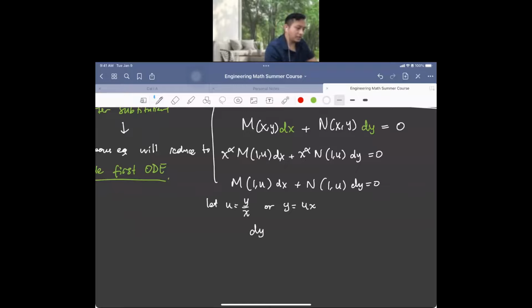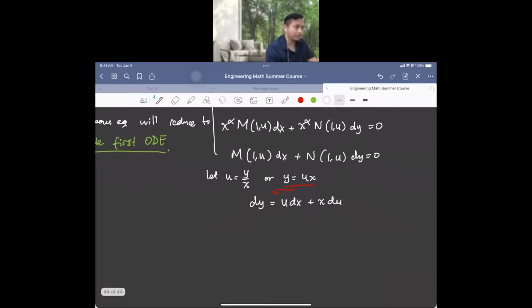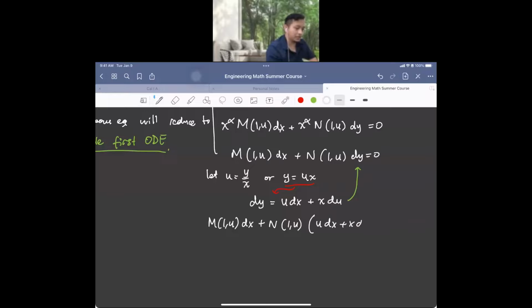Now substituting dy is u dx plus x du, right? From the product rule. Substituting the dy, now we have M(1, u) dx plus N(1, u) times u dx plus x du.